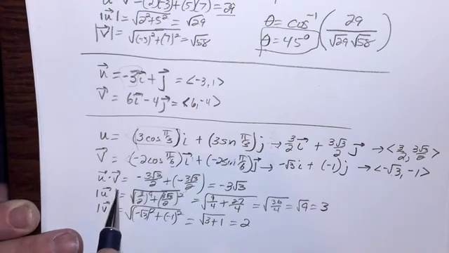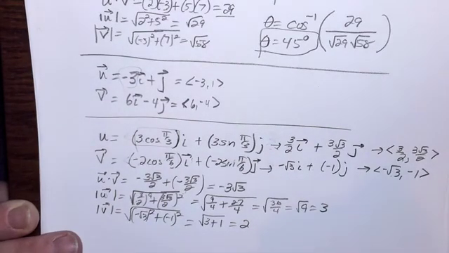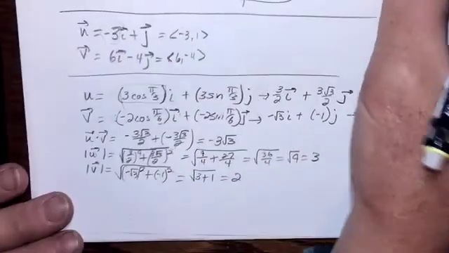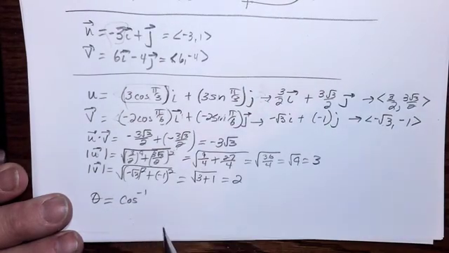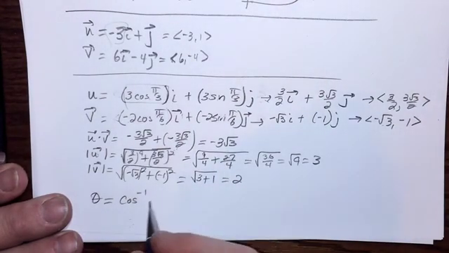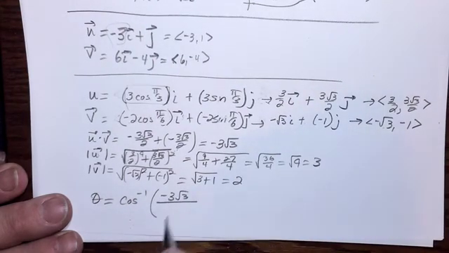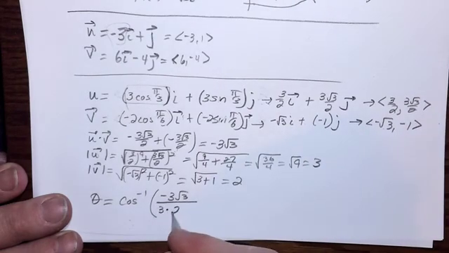Magnitude is 2. It's not negative 2 because lengths are always positive. So now the angle between them is going to equal the inverse cosine of the dot product, negative 3 root 3 over the magnitude of u times the magnitude of v.